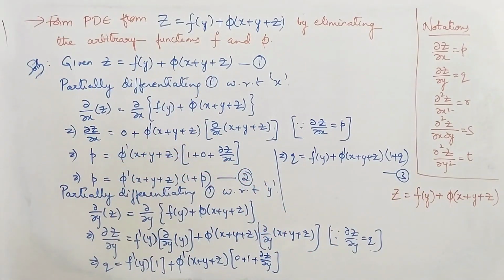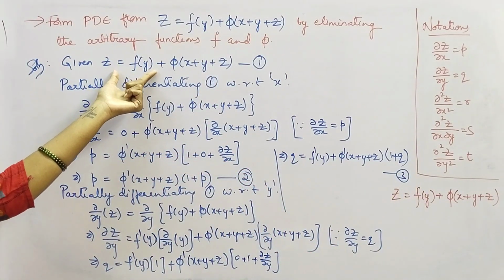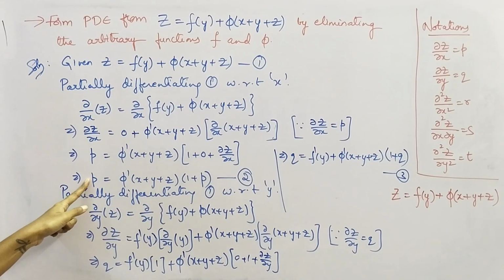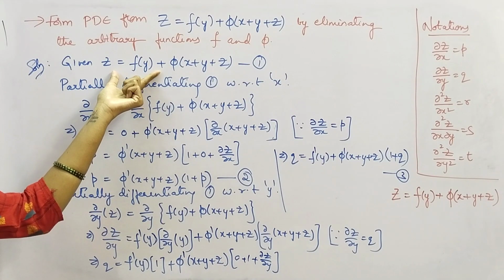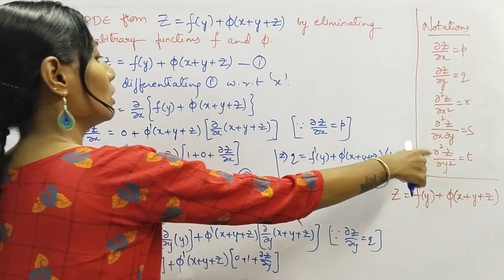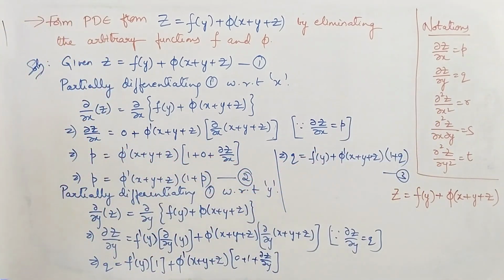Fine. See, by partially differentiating 1 with respect to x, we got equation involving p. By partially differentiating 1 with respect to y, we got equation involving q, right? Now let's find equation involving r, and if necessary, s. Okay, let's see them also.